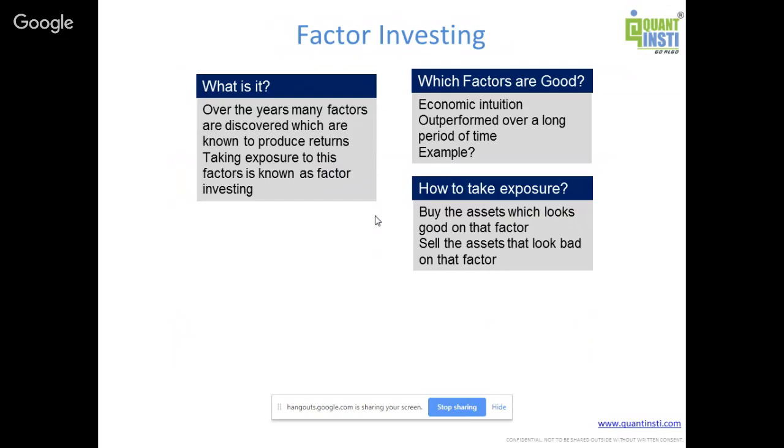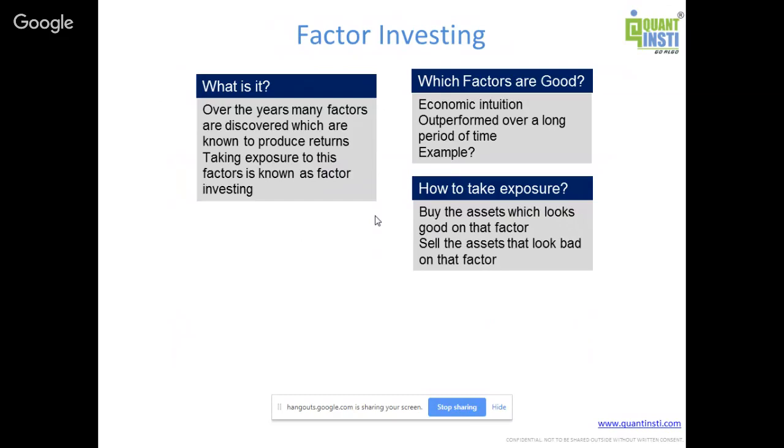Programmatically, you should buy the assets which are looking good on that factor, for example I'll buy small cap stocks, and sell the assets which are looking bad on those factors, for example I will short the large cap stocks. But in India, there are some restrictions in shorting. So either you can get there through futures, or maybe you can just have the buy side and ignore the short side. So that is how you take the exposure to the factors.